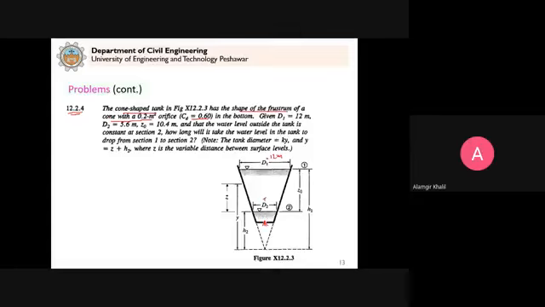And this diameter d2 is given, it is 5.6 meter. And Z naught is given 10.4 meter. This is given as 10.4 meter. Now it says that how much time it will take for water level to drop from section 1 to section 2? How much time it will take?